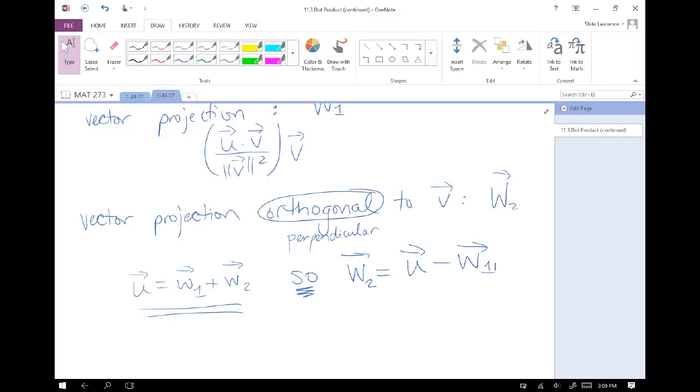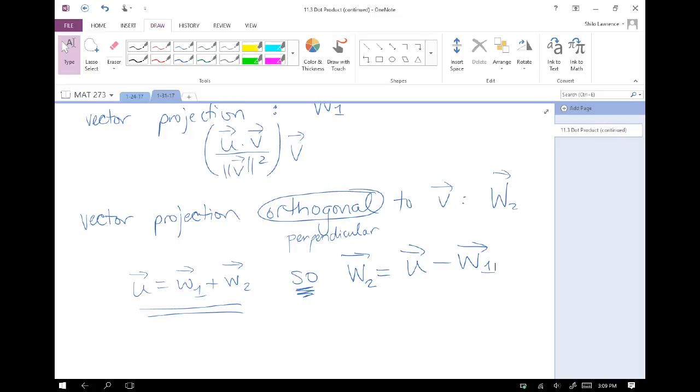So if we know our acceleration vector and we know our direction of motion, we can take our acceleration vector and split it into those two pieces. And it will tell us part of our acceleration is going towards changing our speed, and then the orthogonal piece is how much acceleration is going towards changing our direction.